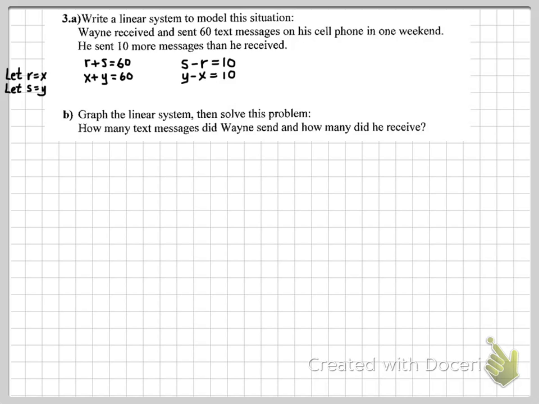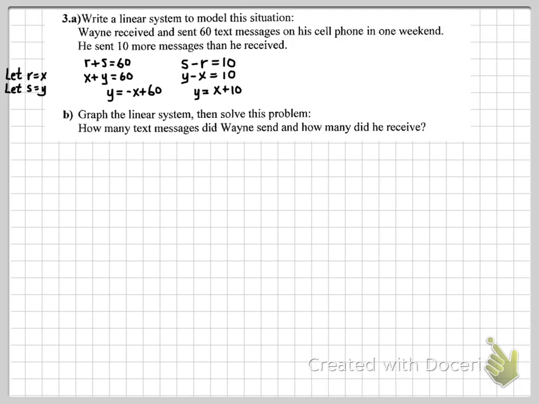There's our two equations. If we subtract X from both sides, you get Y is negative X plus 60. And if I add X to both sides of the second, I get Y is equal to X plus 10. Now I've got both of these equations written in terms of X and Y and in the form of Y equals.